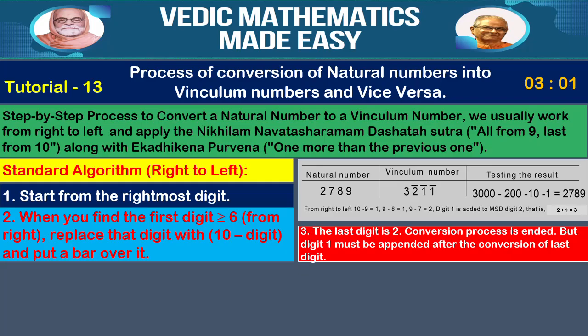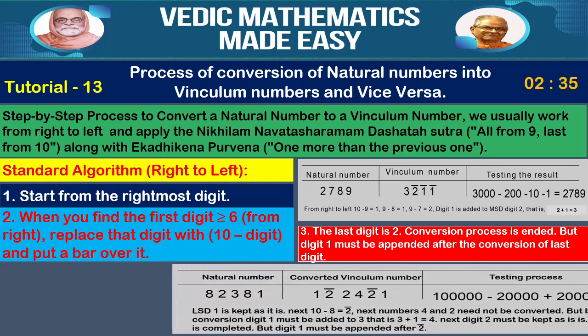If it is negative, deduct it. Like that, if we do it, we get 3000 minus 200 minus 10 minus 1 is equal to 2789. That is the number which we converted. Hence, our conversion is correct.